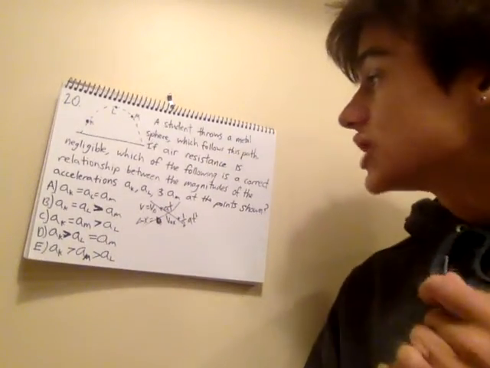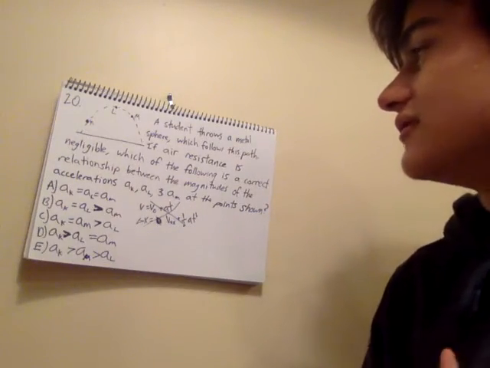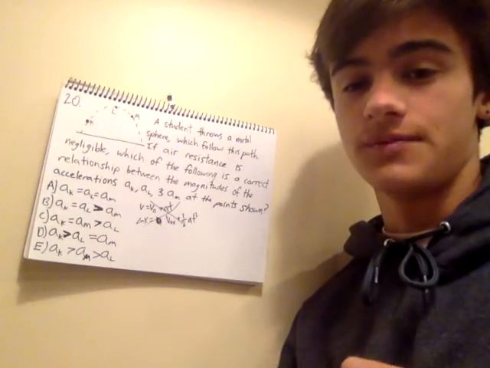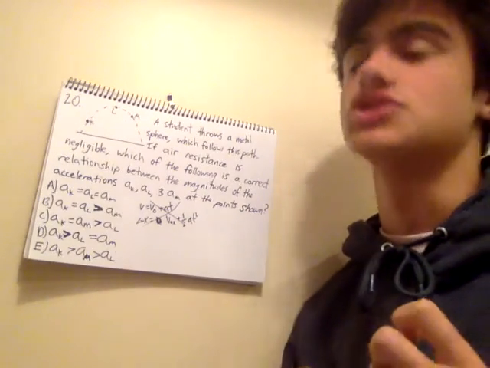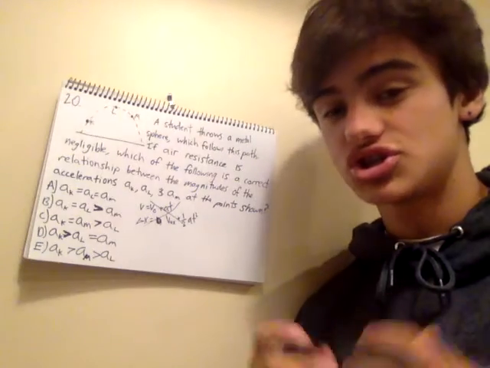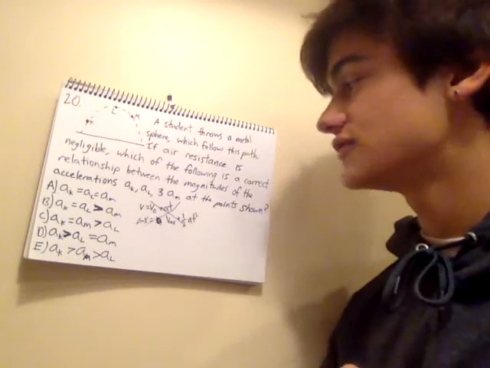However, the way that we should look at this problem is to talk about position, velocity, and acceleration. Velocity is the first derivative of position, acceleration is the second derivative of position, acceleration is the first derivative of velocity.